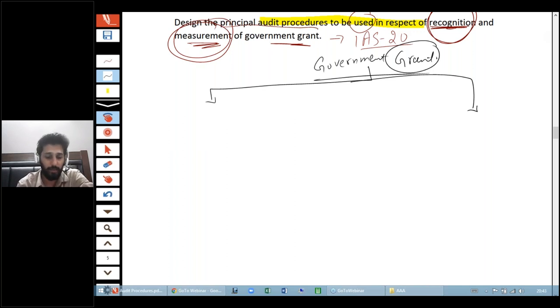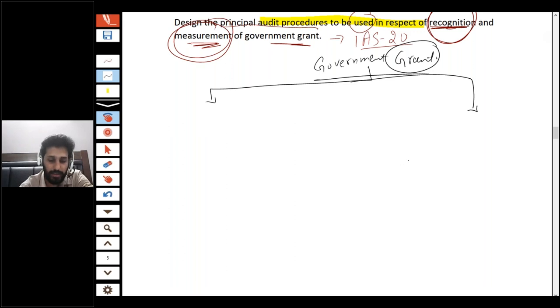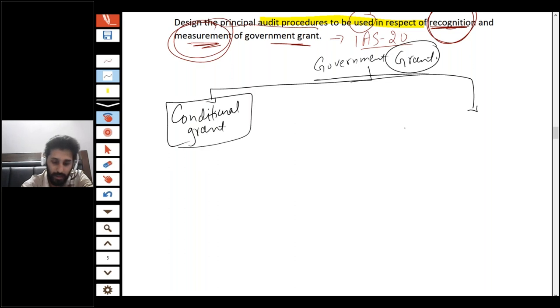That is known as the government grant, and it is only for favorable business. Now there are two kinds of government grant. It can be split into two categories. Number one is the conditional grant, and number two is the unconditional grant.